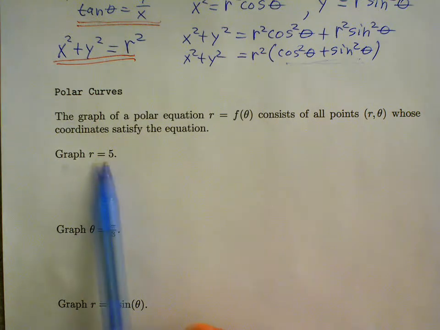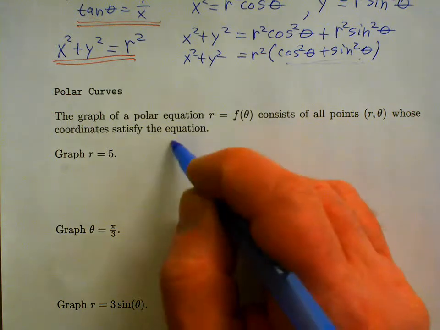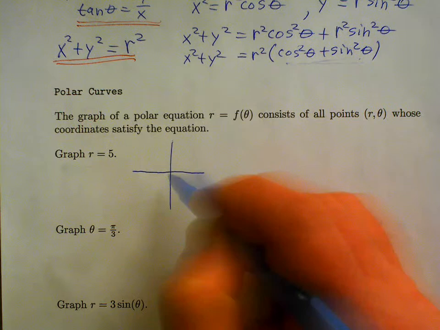Well, for this, r equals 5, theta is not mentioned, so theta can be anything. What does the curve look like if theta can be anything, but r is always 5? Yeah, it's a circle with radius 5, centered at 0, 0.